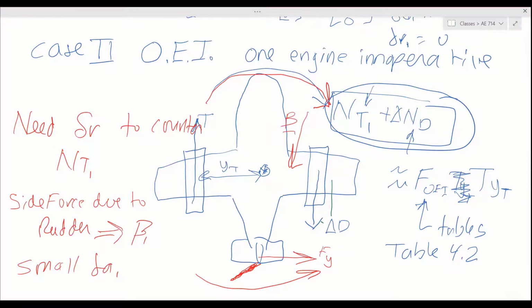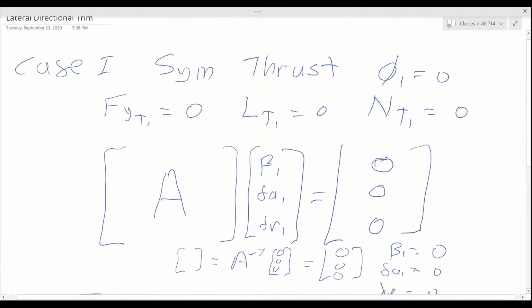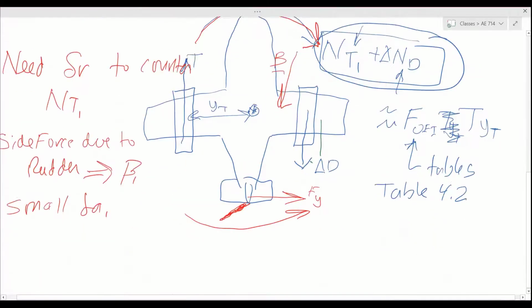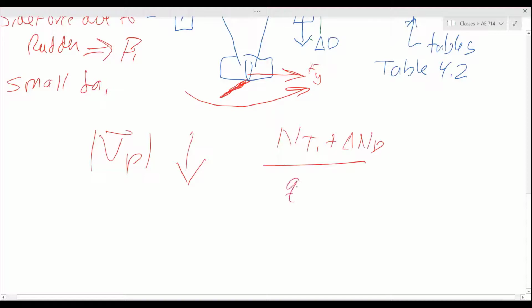The other thing to notice is that as the velocity goes down, this term that's on the right-hand side goes up because the velocity is in dynamic pressure.